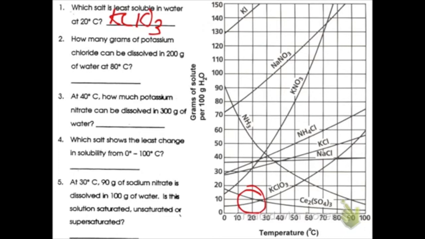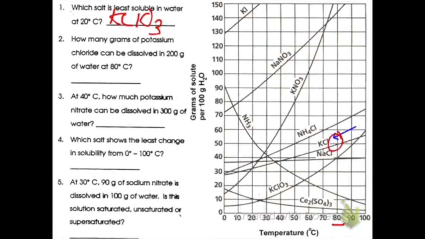How many grams of potassium chloride, so that's that guy right there, can be dissolved in 200 grams of water at 80 degrees Celsius? All right. So we want to start with finding our temperature. So the temperature is 80 degrees. Now we find where KCl intersects, right there.